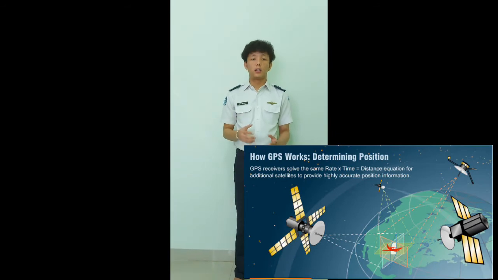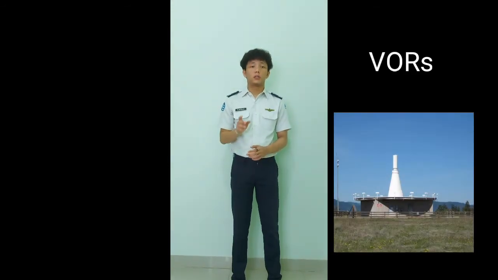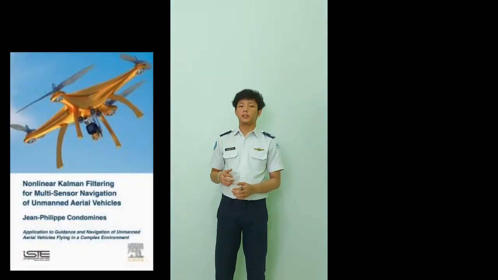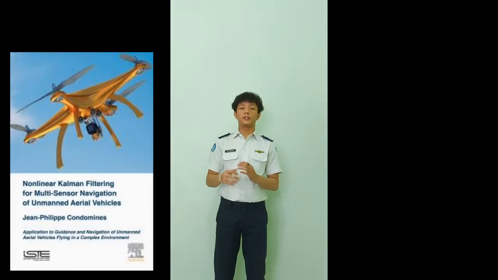The simple FMS uses a single sensor, generally GPS, in order to determine position, but modern FMS use as many sensors as they can, such as VORs, in order to determine and validate their exact position. Some FMS use a Kalman filter to integrate the position from the various sensors into a single position.